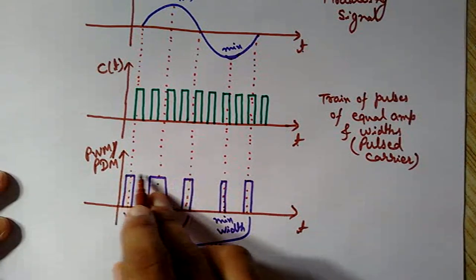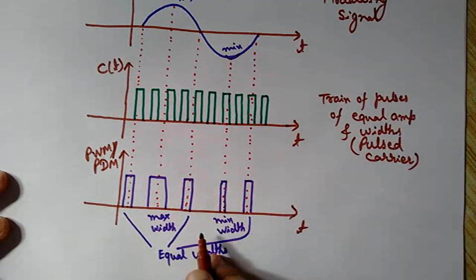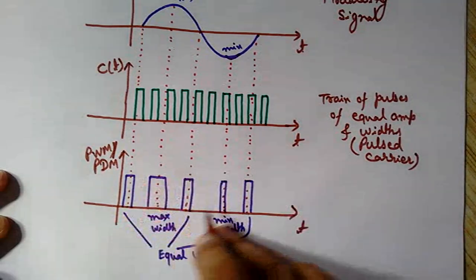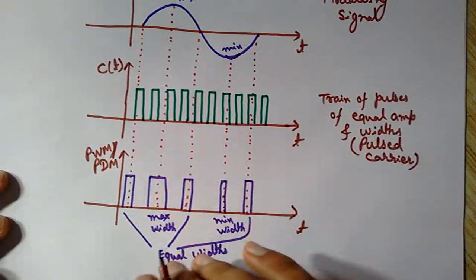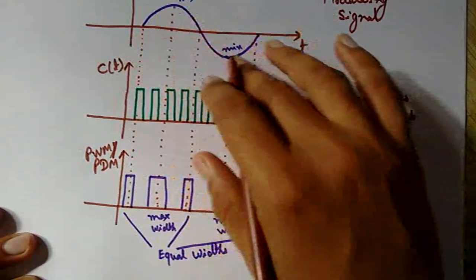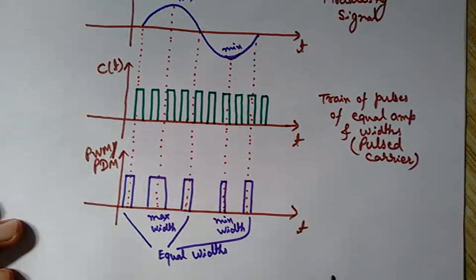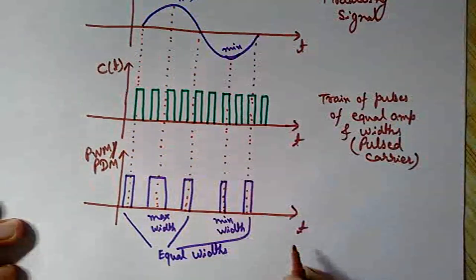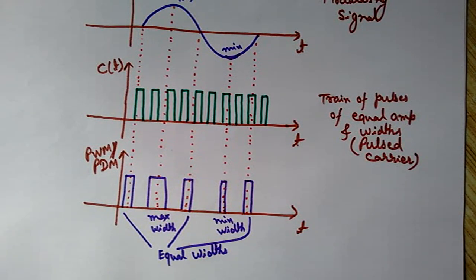All these pulses have equal amplitude, but the information lies in the width of the pulses, and the width is varying as per the variations in the amplitude of the modulating signal. So the information is contained in the widths, not in amplitude or relative positioning of the pulses.